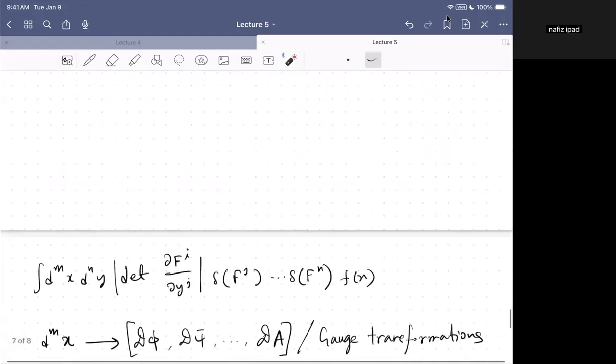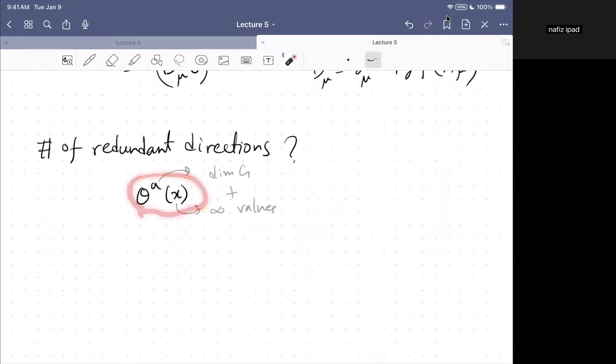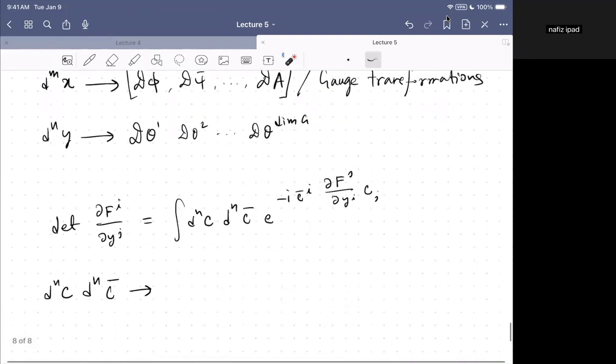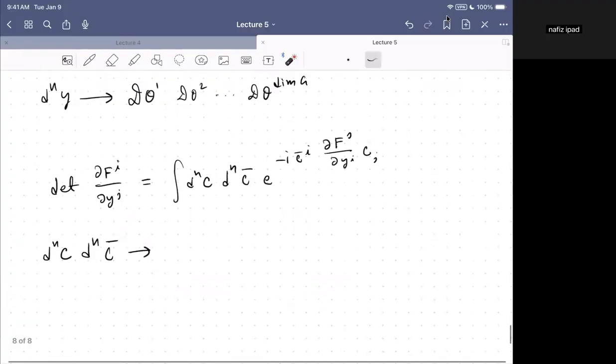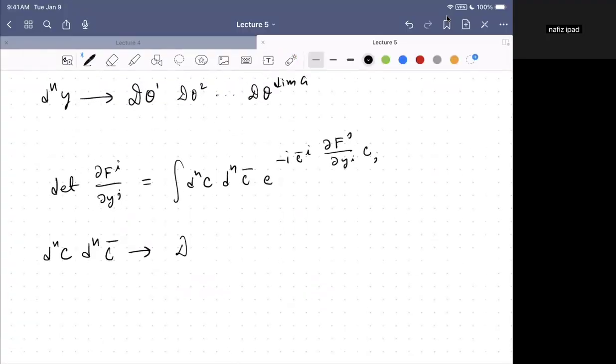So now we have to do the same. So for each of these, we have to introduce a pair of fermionic variables, and we are going to keep the notation the same. So dC^A, dC bar^A.